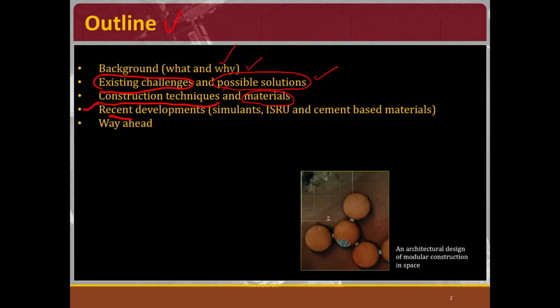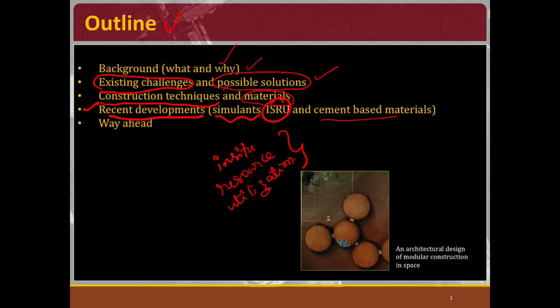And also we'll discuss very recent developments with respect to material research, considering some material simulants, and also something about ISRU, which is in situ resource utilization. That is all to do with using resources that exist right there in space.